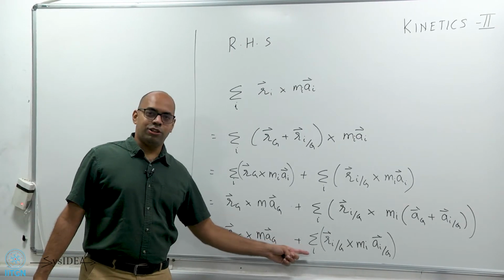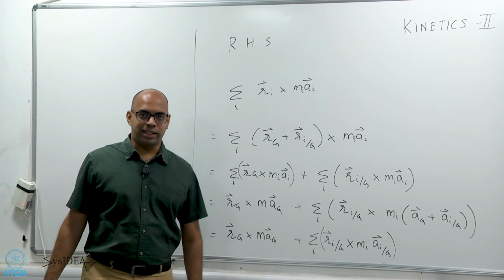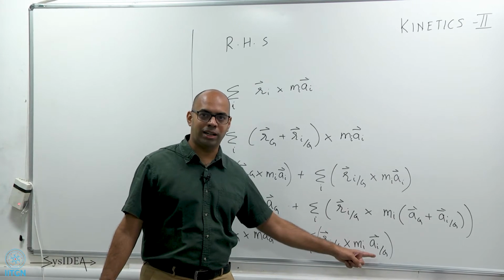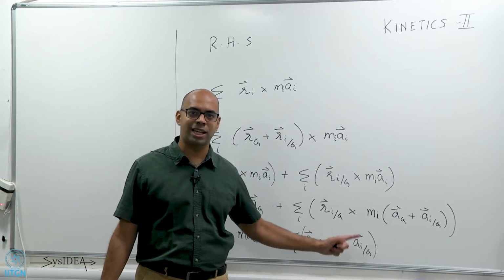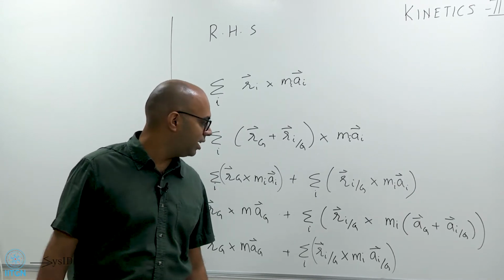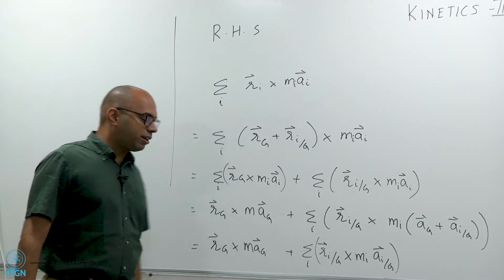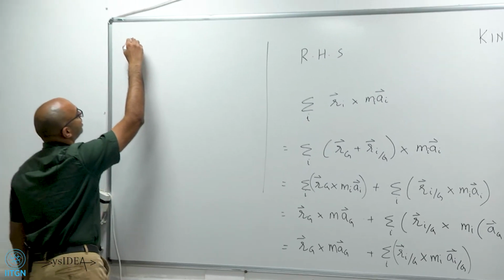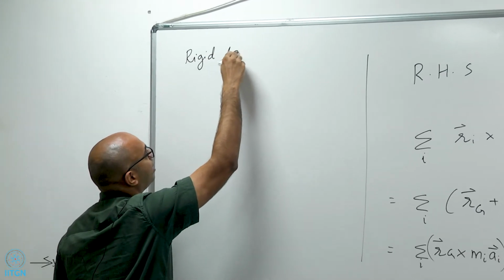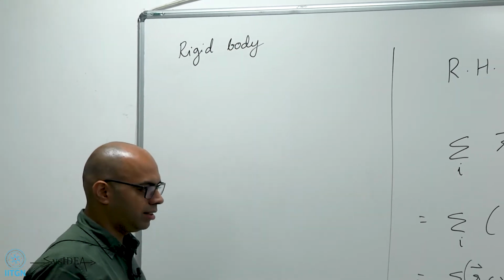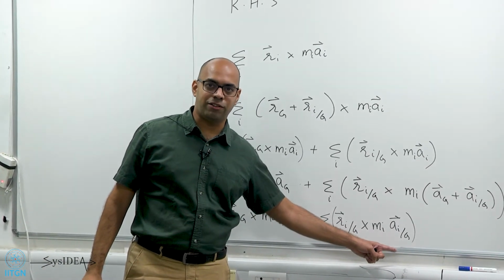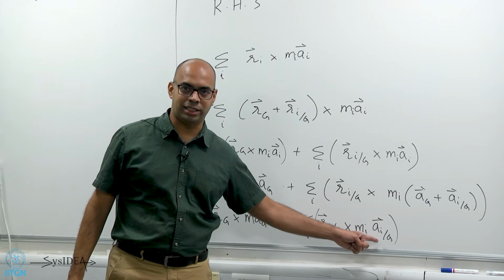Now let us take a look at the second term in more detail. As you may recollect, the equation for a general acceleration has a number of terms as we had derived in the kinematics concept capsule lecture. But here let us make one more assumption, that let us suppose we are looking at a rigid body, and if we are looking at a rigid body, then we know that the distance between the center of gravity and the ith particle is not changing.